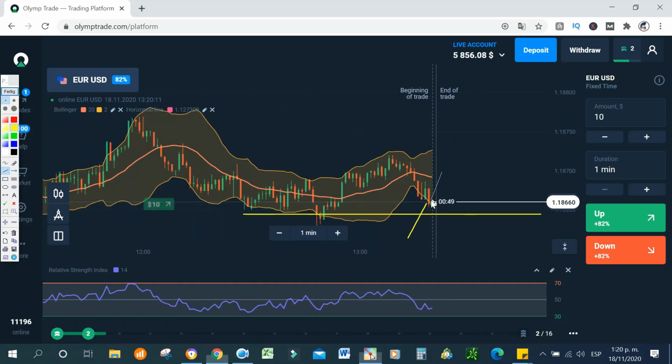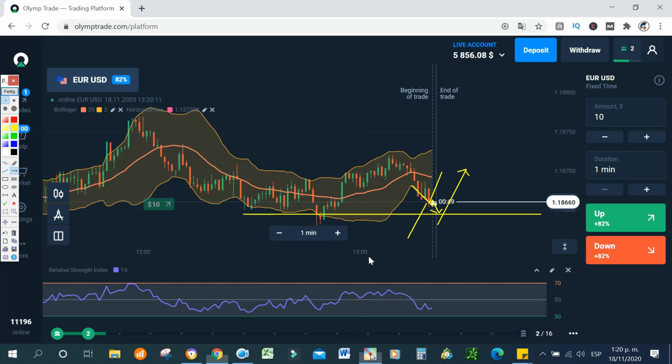This candlestick closed below the Bollinger Bands, which means it is oversold. Of course, it can go down a little bit more, and I can make another up trade, but I think it's okay right here.